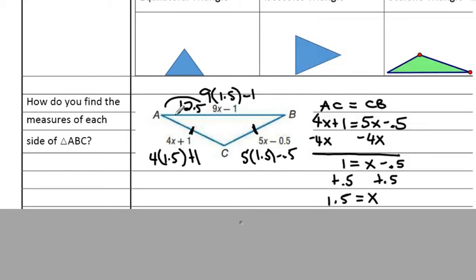And I would do that for each side. For side AC, if I do 4 times 1.5 plus 1, I get 7. And for side CB, when I do 5 times 1.5 minus 0.5, I get 7 as well. So I check my work because I see that AC is congruent to CB and AB is not going to be congruent to the other two because they weren't marked like that.